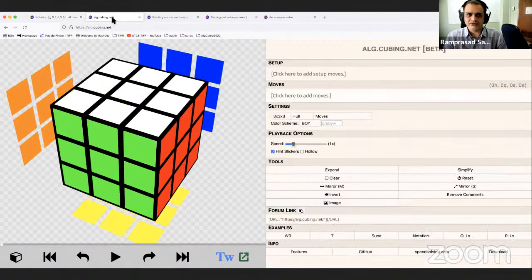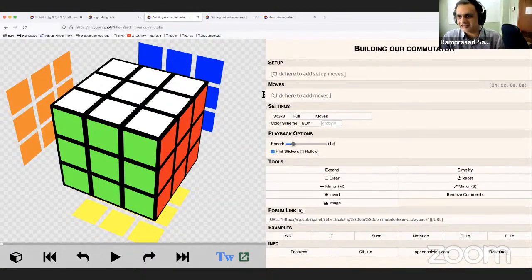Okay, so now let's do the following. Let's try to build our own commutator. Can someone give me some sequence of moves that knocks off, let's say, this one corner?